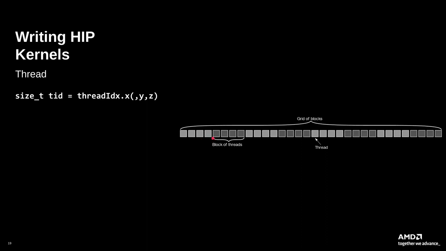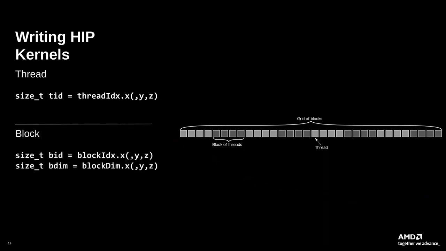So if I were in this block here, let's say this first light gray section is block 0, this is block 1, and then this is block 2, etc. Inside of, let's say, block 1, I have thread IDs 0, 1, 2, and 3. To get that local thread ID within the block, you can use the threadIdx intrinsic. Now to get the block ID, you can use blockIdx.